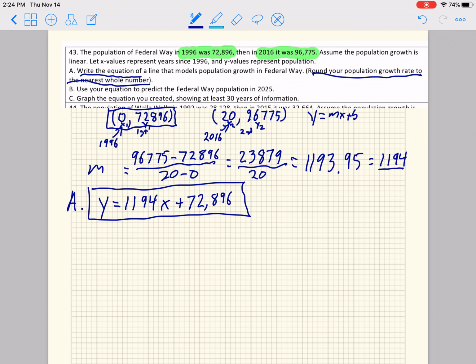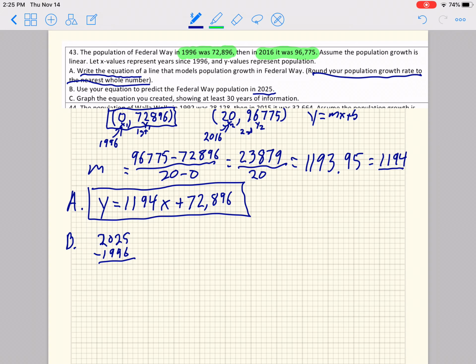So next up, we want to predict the Federal Way population in 2025. So in order to do that, I need to translate 2025 into my xy scheme here. So I need to take 2025 and subtract 1996 so that I can figure out how many years since 1996 2025 is.